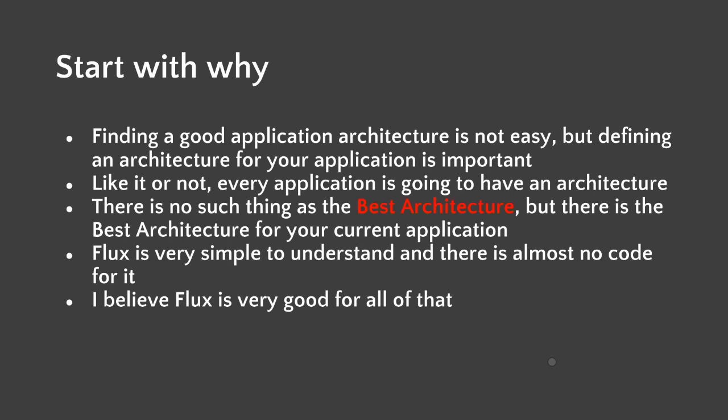For example, there is no silver bullet, no architecture that is good for all your applications and resolves all your problems. But there is the best architecture. What does best mean? Finishing the project on time, with quality, with as few bugs as possible (no bugs is preferred), and easy collaboration with your teammates.